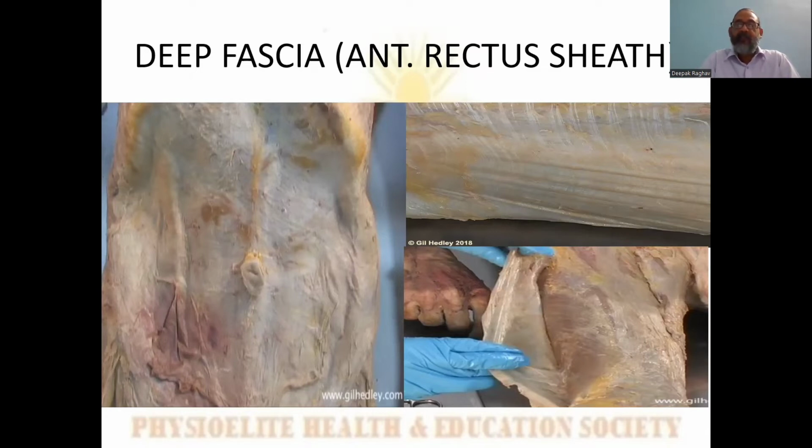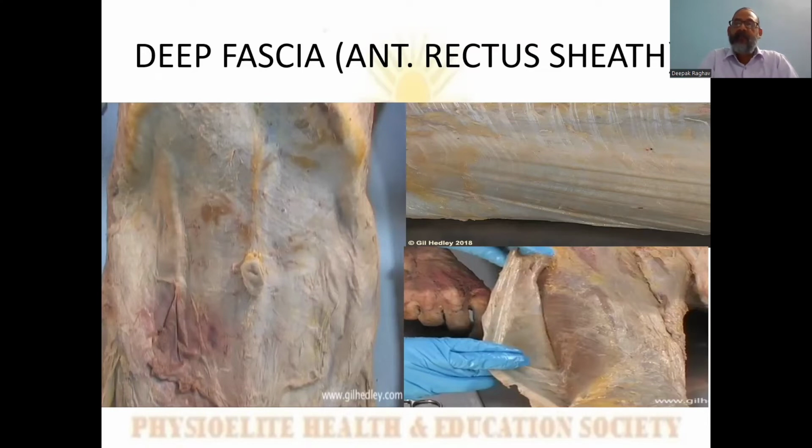Some thought that this is the muscular layer. On the abdomen, some people thought it was muscle, but it's not a muscle. It's a covering of the muscles. If we remove this deep fascia, it is a shiny sheath, and underlying it the muscles are present.